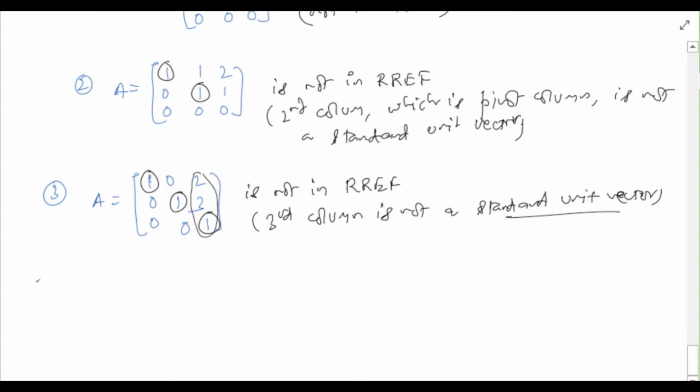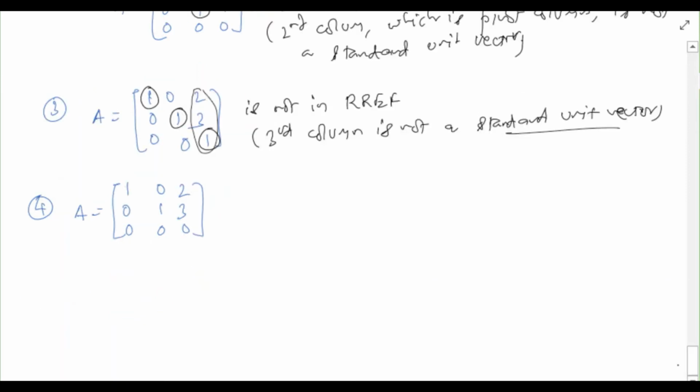Finally, let's see one more example where A is 1, 0, 2, 0, 1, 3, 0, 0, 0. Here we see that all the conditions are satisfied, namely the zero row is below the two non-zero rows, the pivot entries are all ones, the pivot entry in a row is on the right of the pivot entry in the row above, right?